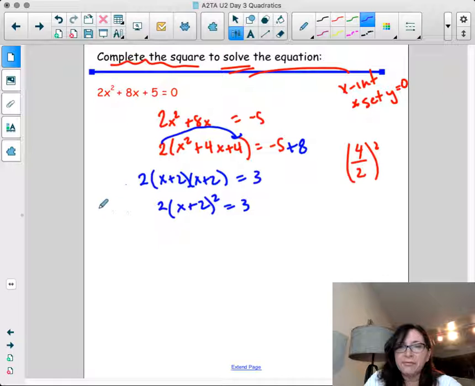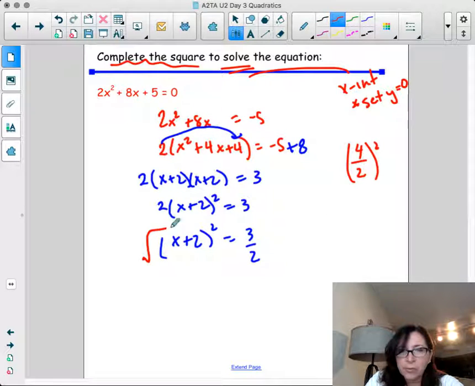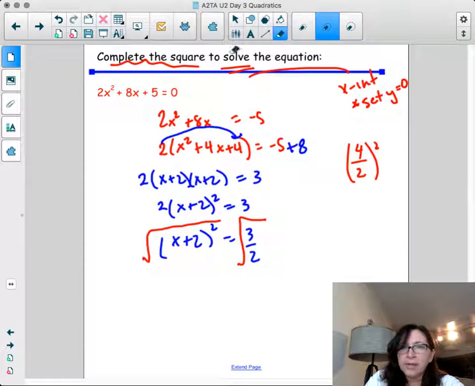Remember, I'm still trying to solve for x, so I'm going to divide by 2. So I have x plus 2 quantity squared is equal to 3/2. Now I'm going to square root both sides to lose the square. You guys remember that a root is a half power.